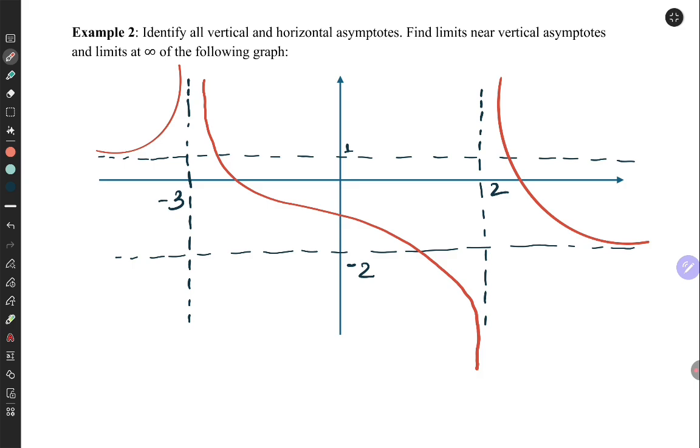The limits near the vertical? Yeah. Find the limits near the vertical. So which ones are vertical asymptotes? 2 and negative 3. Correct.